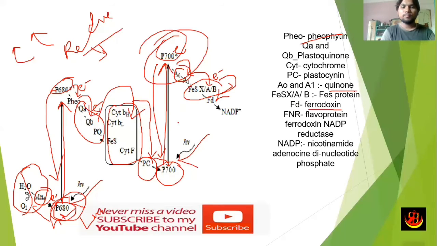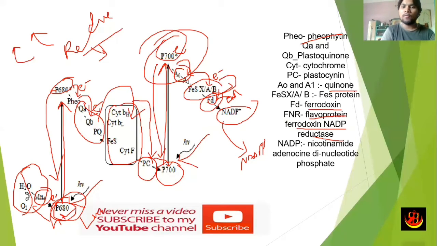Now the electron is given to ferredoxin, and with the help of FNR, the flavoprotein ferredoxin NADP reductase, it will reduce NADP positive into NADPH.